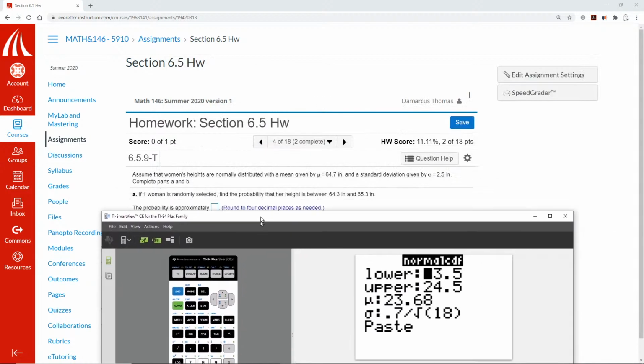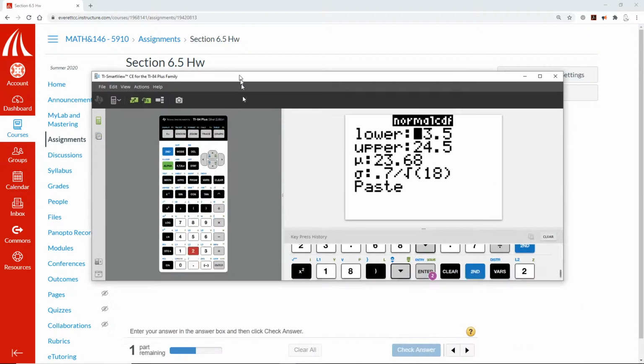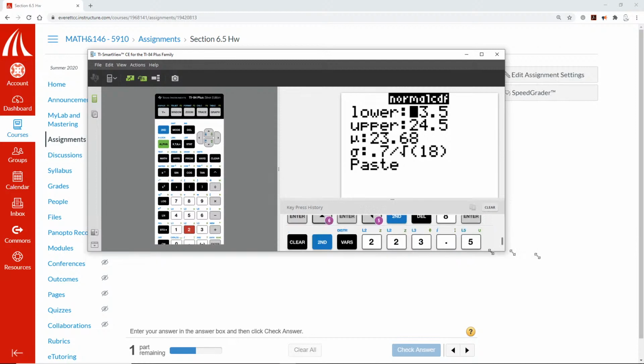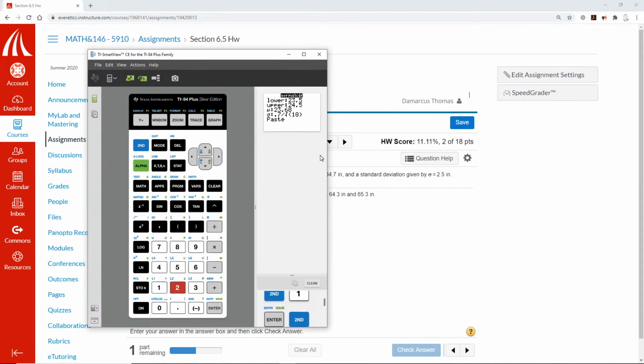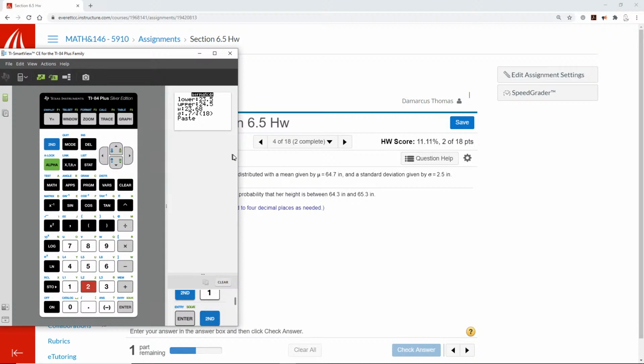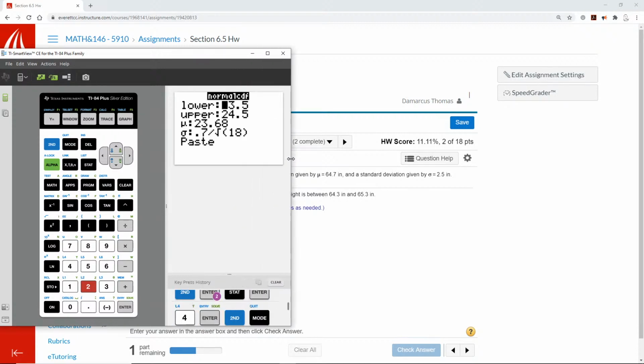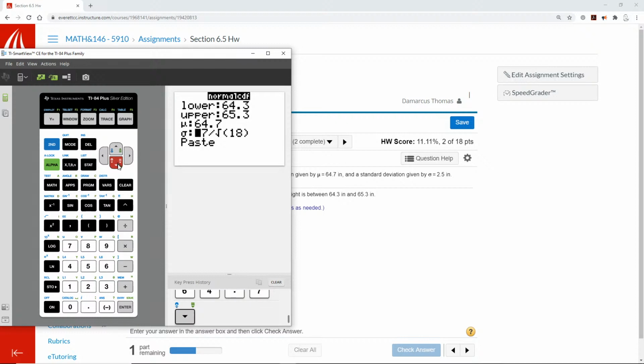I do the lower bound, 64.3, then the upper bound, 65.3, then the mean, 64.7, and then the standard deviation is 2.5.